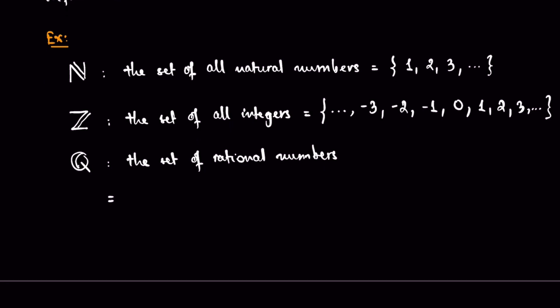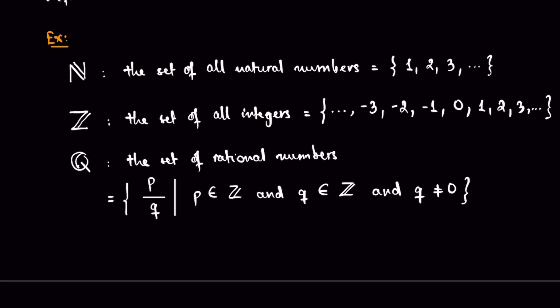That is, this is equal to the set of all the fractions P over Q, such that P is an integer. So in this case, P is an element of the integer set, and Q is also an element of the set of integers. And one more condition for Q is that Q is different from 0, because this is a fraction, you don't want 0 in the denominator.